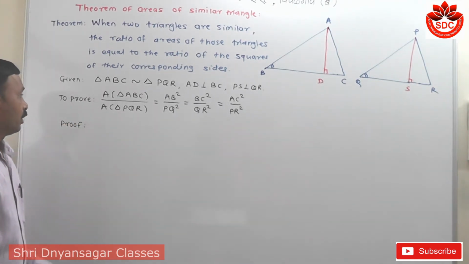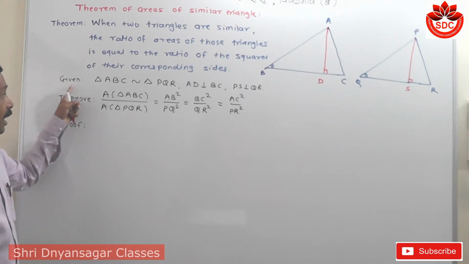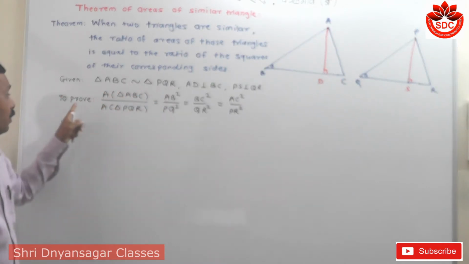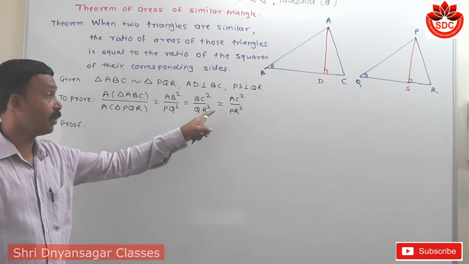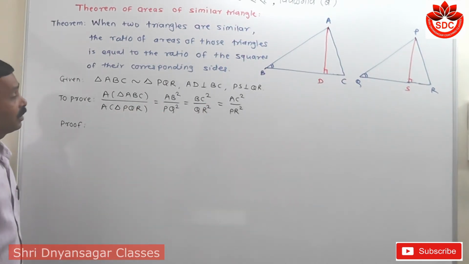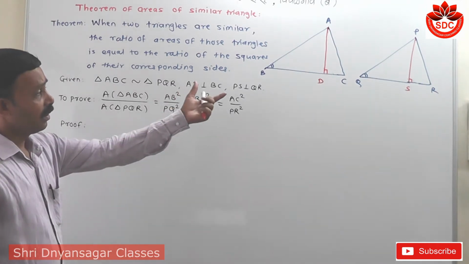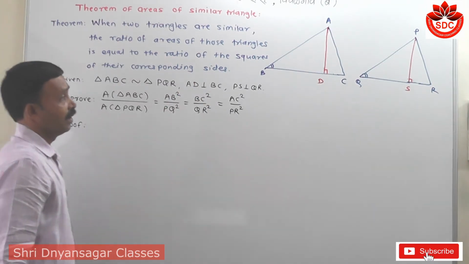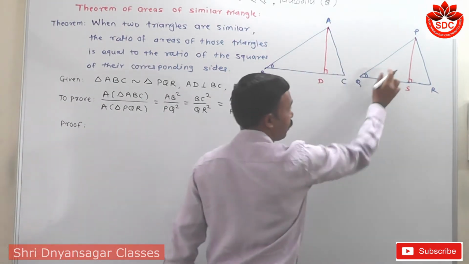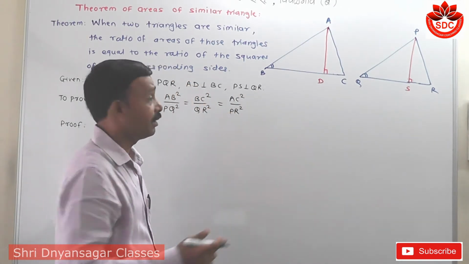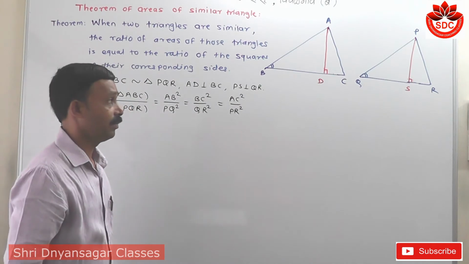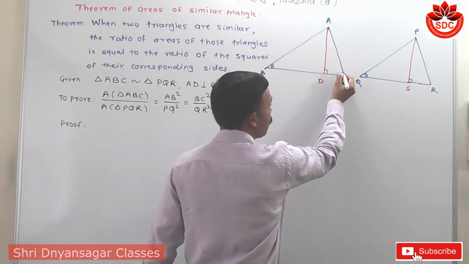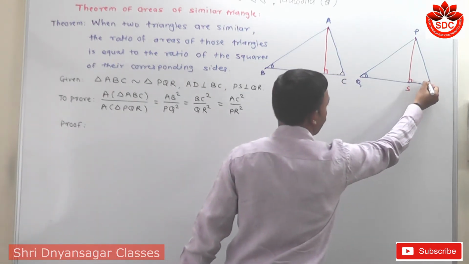Now here in given, triangle ABC is similar to triangle PQR. So the ratio of areas is equal to the ratio of the corresponding sides squared. So students, look at this figure. These two triangles are similar. Means here it is shown that angle B and angle Q are congruent, and also angle C and angle R are congruent.